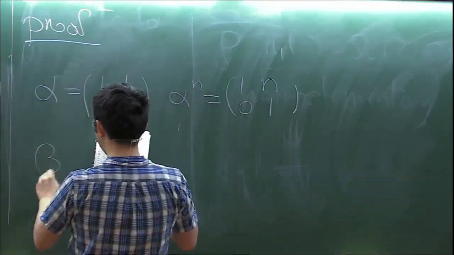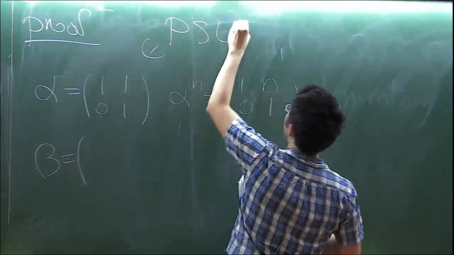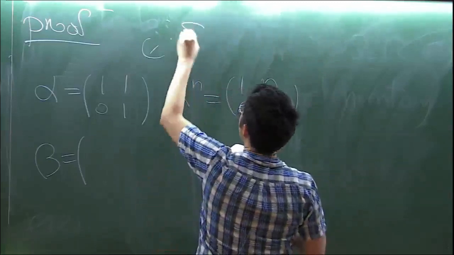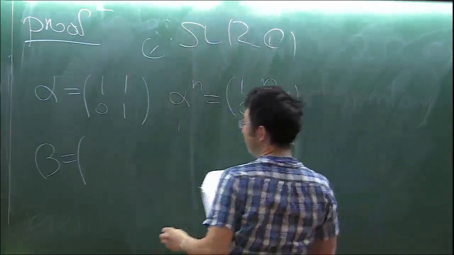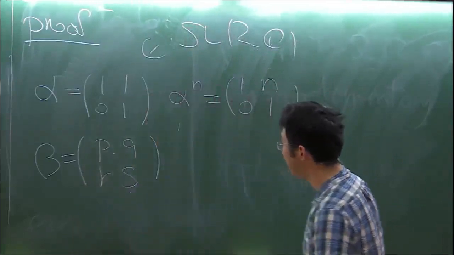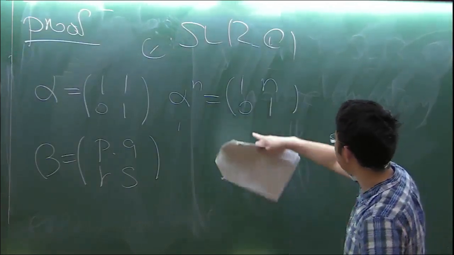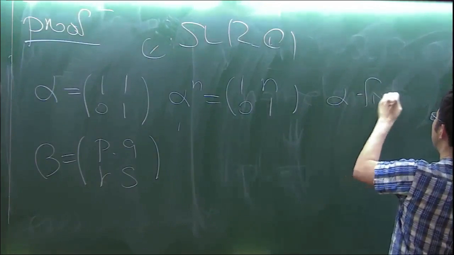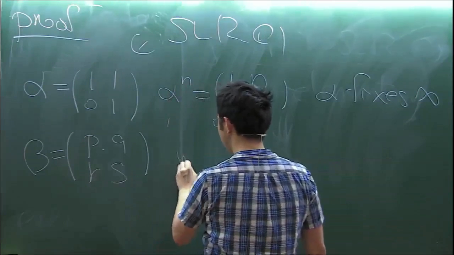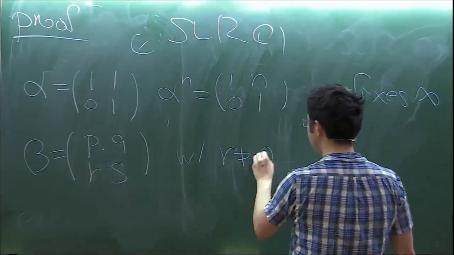And then beta, so all of them are in PSL2, or SL2, beta is PQRS. Here alpha fixes infinity, and beta moves infinity, so this R here is not 0.